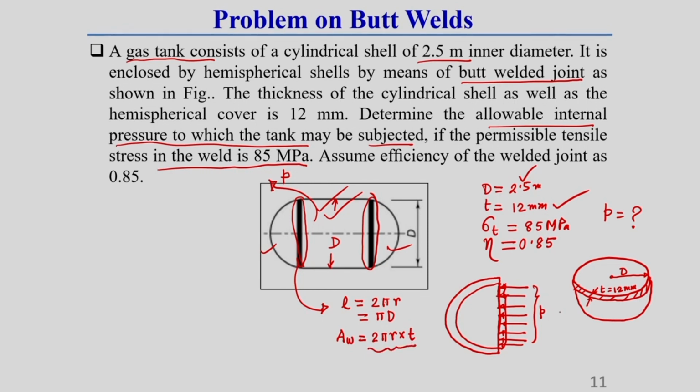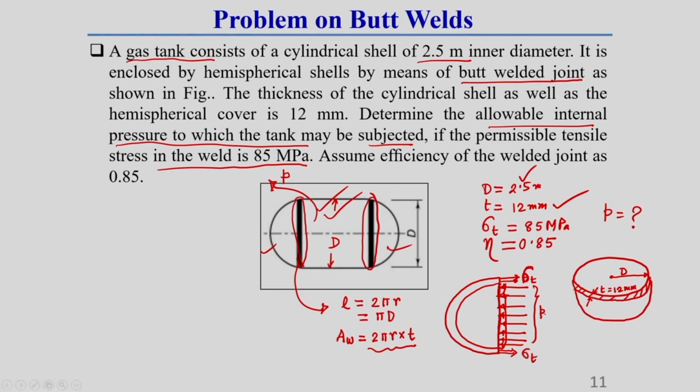Due to this internal pressure applied in this projected area, the internal pressure will be resisted by the force acting in this welding zone. Let this be the force acting in this weld zone over the circumferential area. Instead of writing force, there will develop a normal type of stress, so I am writing sigma t.